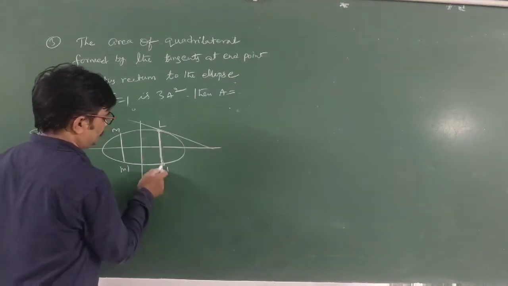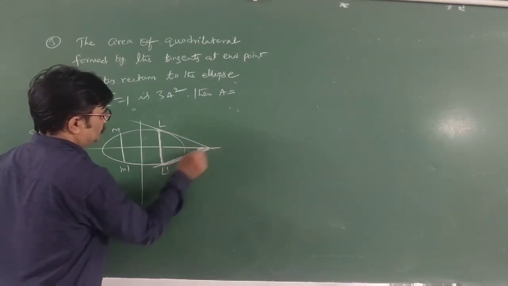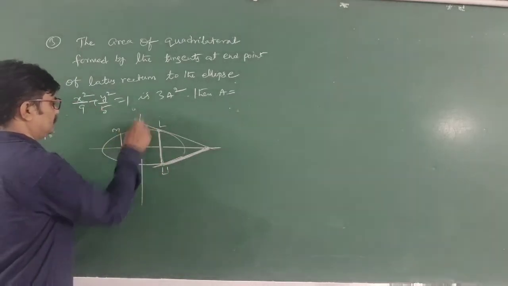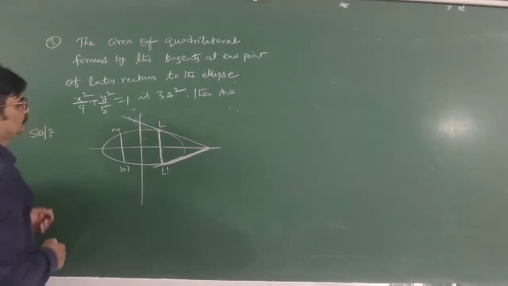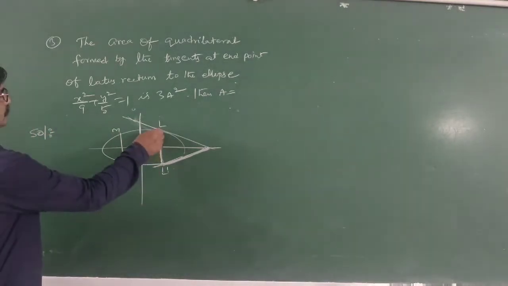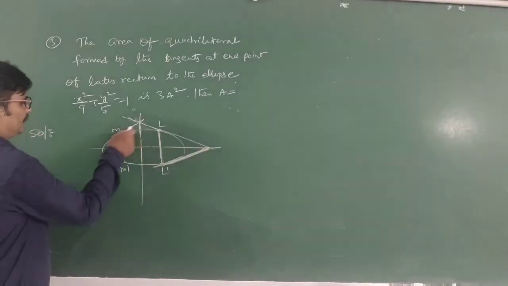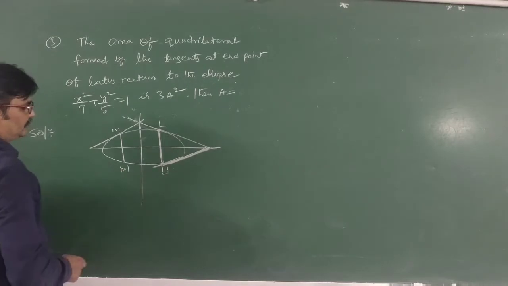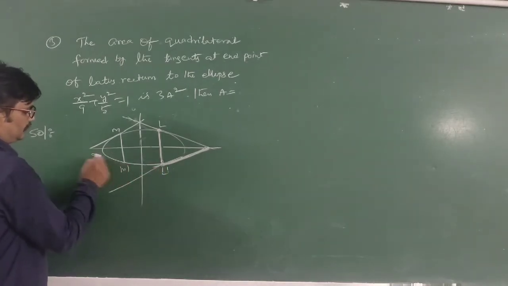This is the tangent. This is the another tangent. Is it clear, students? Now at the endpoint of the tangent is this one. This is also there. Now we can draw the another tangent.